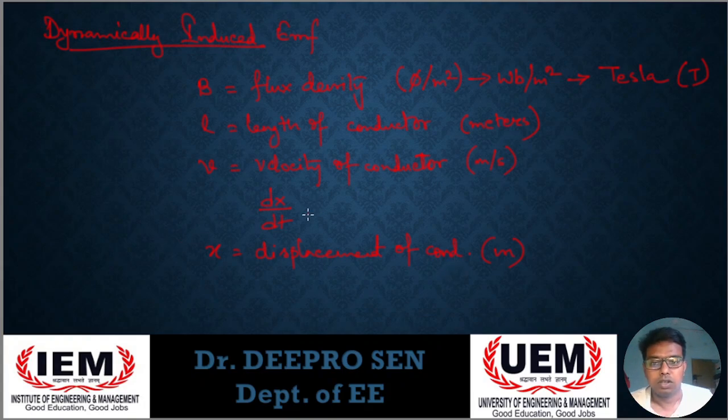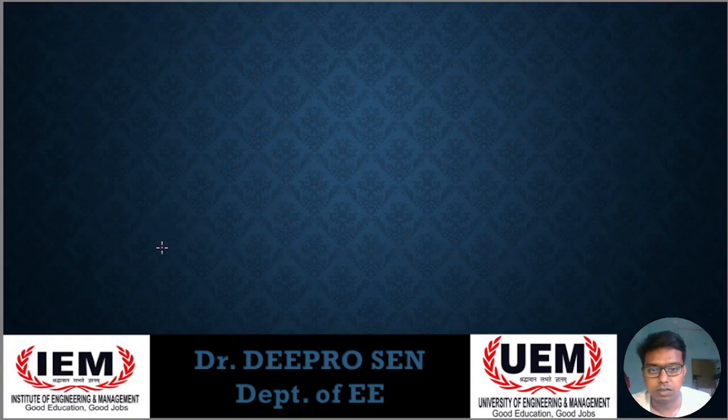Okay. So the displacement of the conductor over a period of time gives you the velocity of the conductor, and this particular dynamically induced EMF is given by E equal to rate of change of flux.